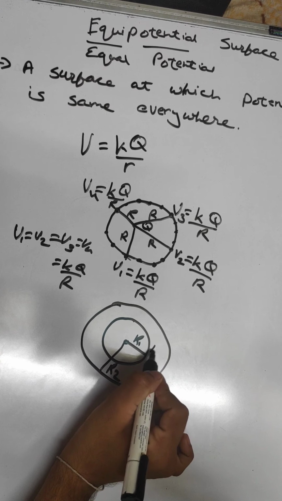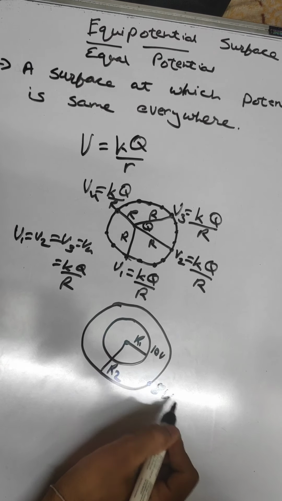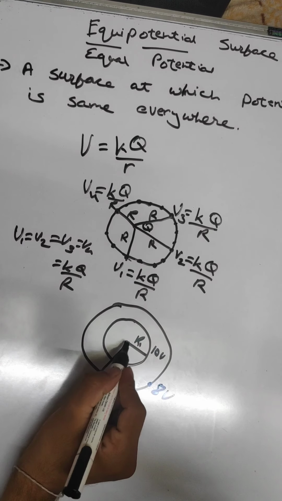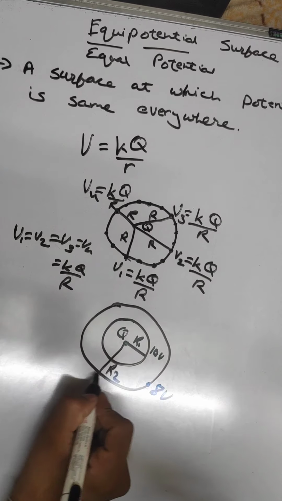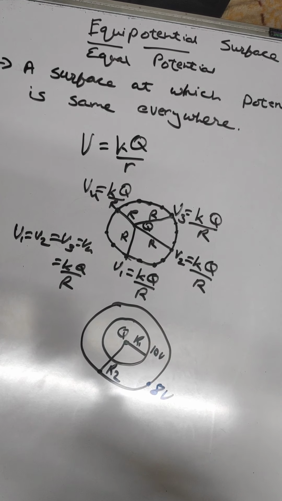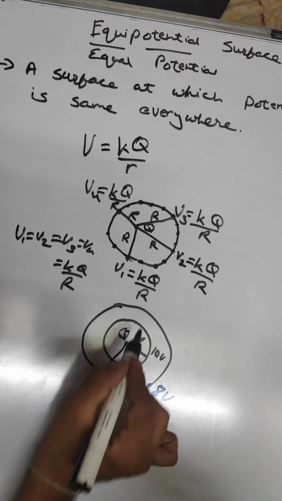Suppose this is at a potential of 10 volt, then this will be say 8 volt. As we go away from the charge, the potential goes on decreasing, because we know as we reach infinity the potential becomes 0. So as you go away from the charge, the potential will decrease.